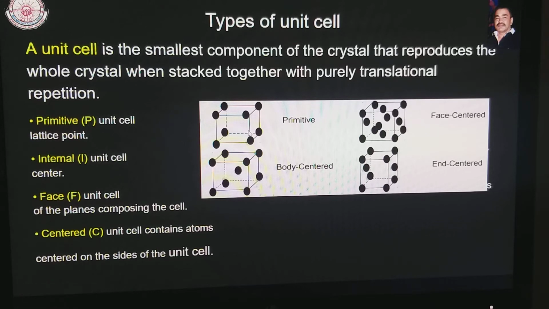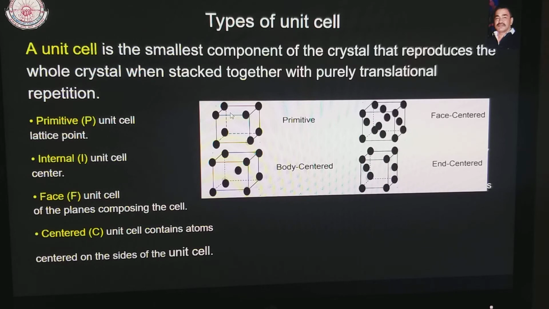In the first figure, you see the primitive cell. There are four lattice points on the upper side and four on the lower side. That is, 8 lattice points are connected by this unit cell. But here, the one lattice point at the corner is shared with another 7 unit cells.